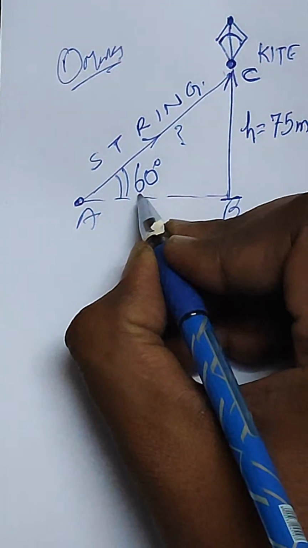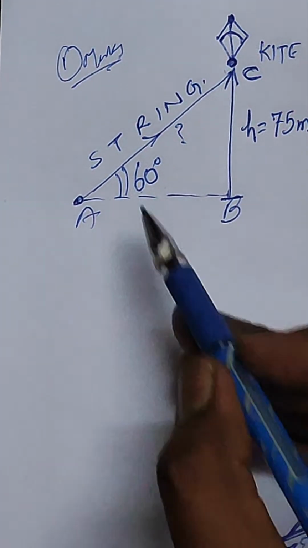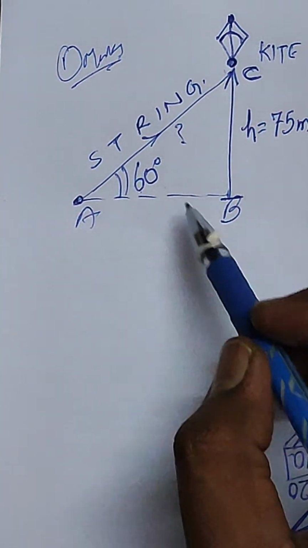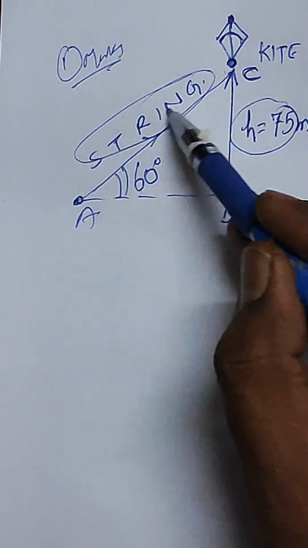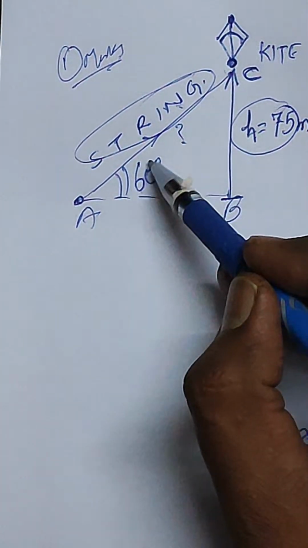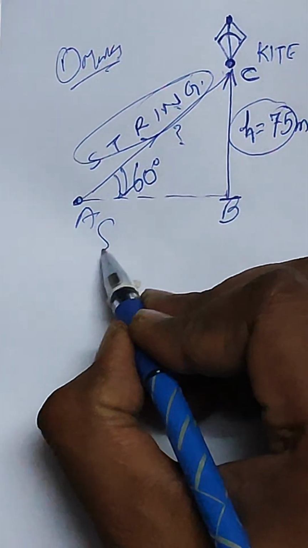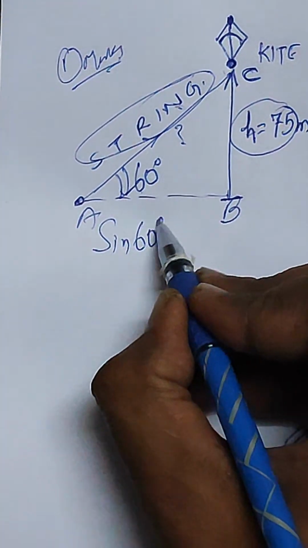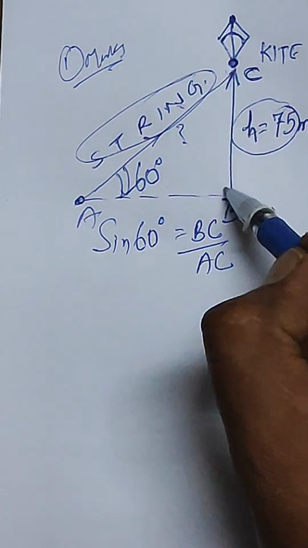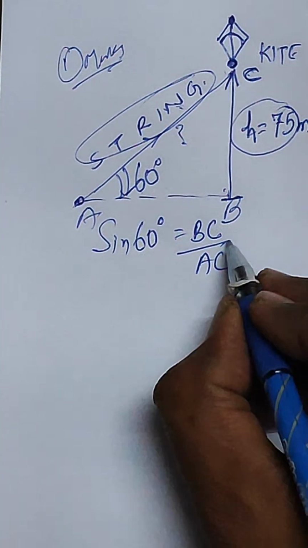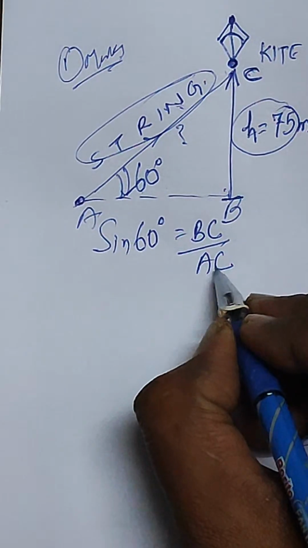So I think it's a very easy question. So in 1 marks, this can be captured. Okay, because how? Because the relation between this string and the height is given by sine. We know the value of sine 60 degree. Simply put, sine of 60 degree is equal to BC divided by AC, because BC is the perpendicular, AC is the hypotenuse, and the string length is AC.